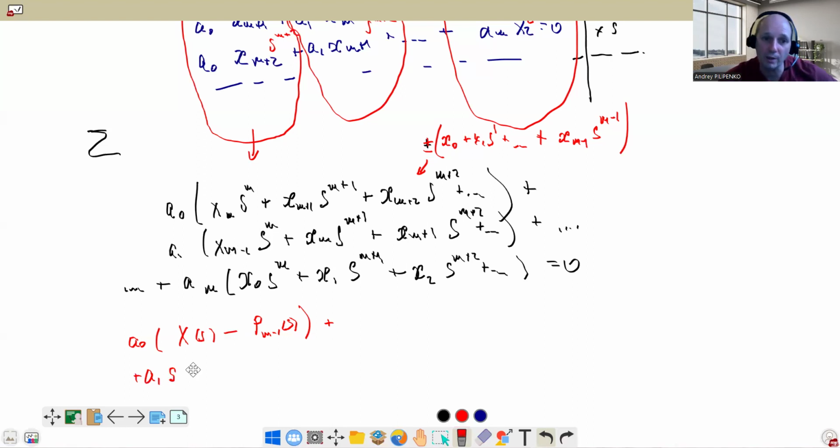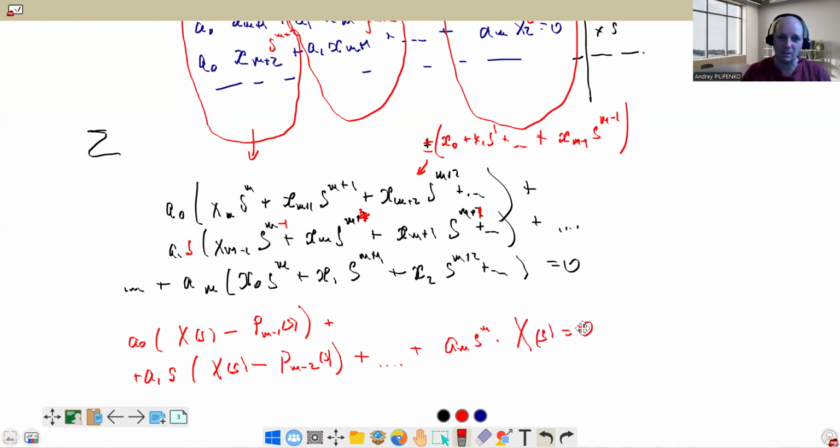So if we move 1 s outside the parentheses, then we obtain x_{m-1} s^{m-1}, x_m s^m, x_{m+1} s^{m+1}. So a1 s, again, here we may see X(s) minus a polynomial of degree m-2 in s, which polynomial? x0 + x1 s + so on, x_{m-2} s^{m-2}, and so on. And the last one, so move s^m out, am s^m, and we see that, wow, x0, x1 s, this is just X(s). So this is 0.